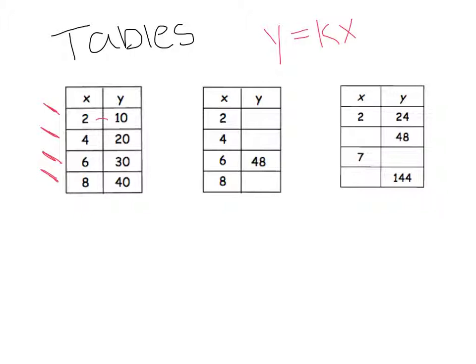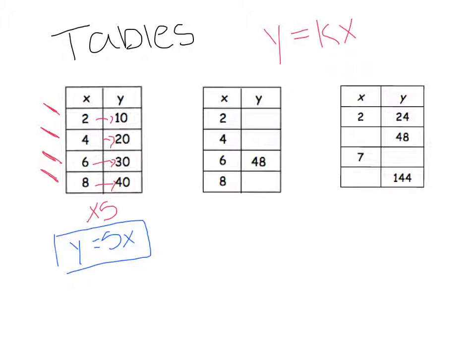So 2 to 10, 4 to 20, 6 to 30, 8 to 40. Is there a common multiple? They're all times 5. So this actually tells me exactly what I need for my equation. It's y equals 5x. This is direct variation because every single y is the product of the x and 5.